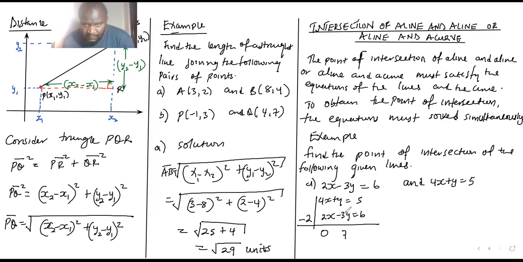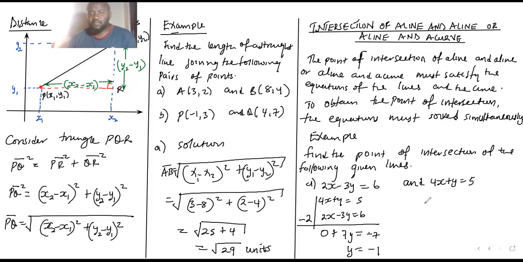It gives us 7y equal to negative 12 plus 5. Negative 12 plus 5, you get negative 7. Therefore, y is equal to negative 1.